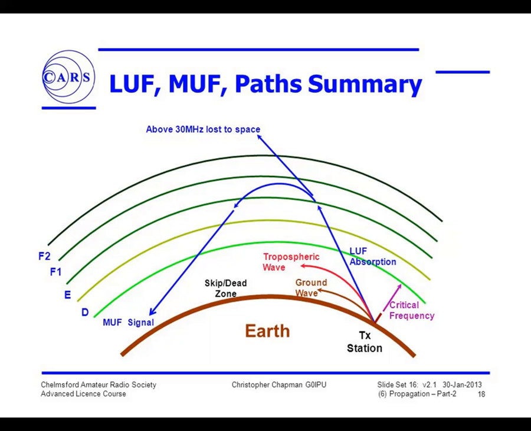And then this is also showing the things we've talked about already, the skip or dead zone, where the signal will overpass a particular area. It shows the ground wave and the tropospheric wave.